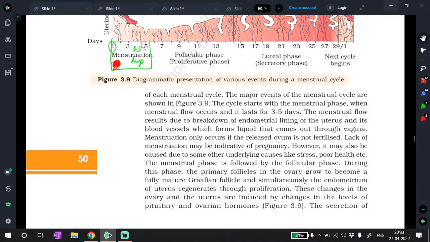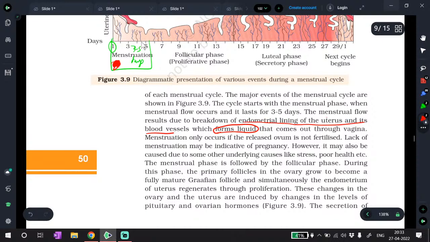The blood vessels form a liquid, they don't actually form clots. So what is the menstrual flow that actually comes out?